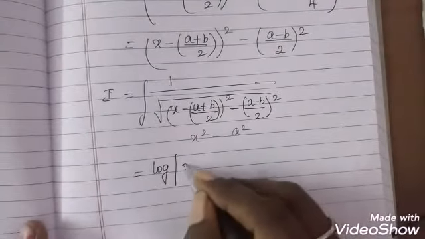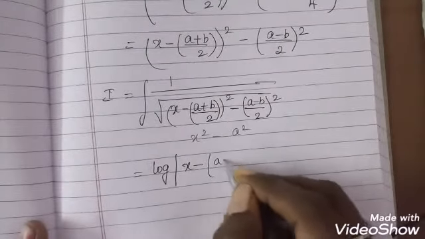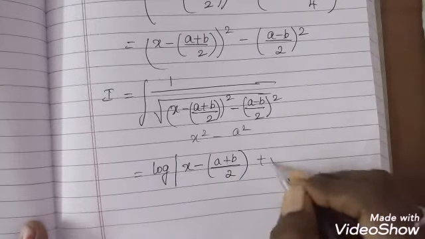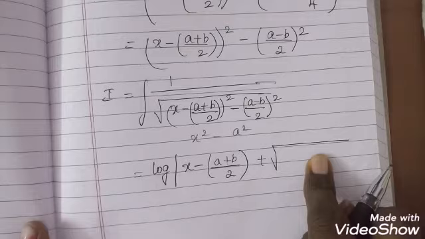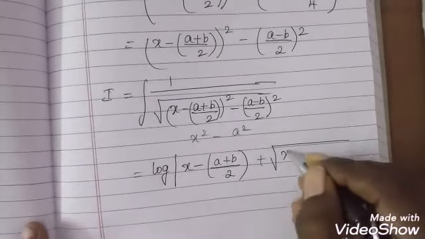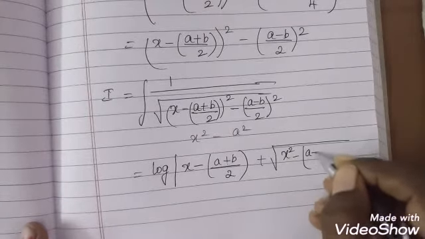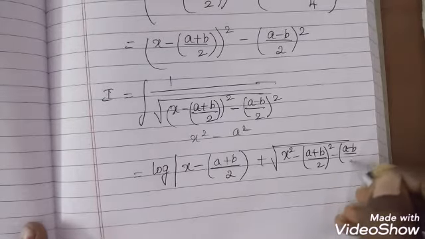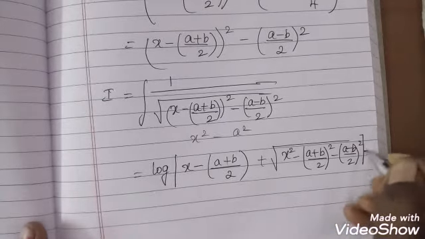What is your x here? It is x minus (a plus b) divided by 2, plus the square root of x squared minus a squared. So the square root of x squared minus a squared is the square root of (x minus (a plus b) by 2) the whole square minus ((a minus b) by 2) the whole square, plus a constant.